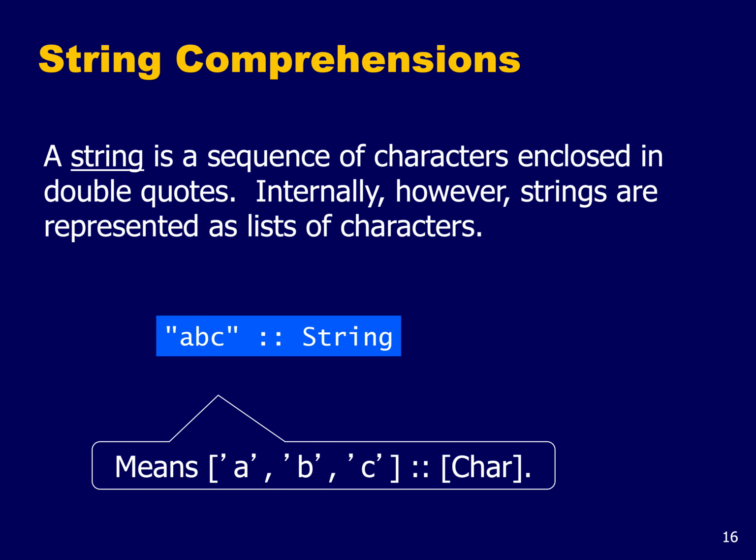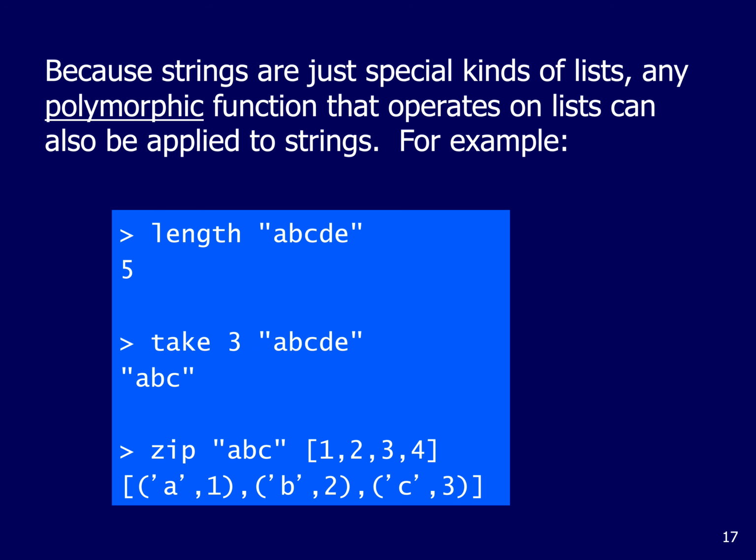So if I write a string in double quotes like "abc", that is a string, but internally, and this is how it's actually implemented, the string is simply the list of individual characters a, b, and c, and that's a list of Char. And you can guess what's coming next. Because strings are just special kinds of lists, they're lists of characters, any polymorphic function that operates on lists can also be applied to strings.